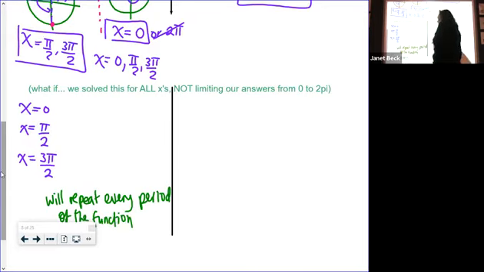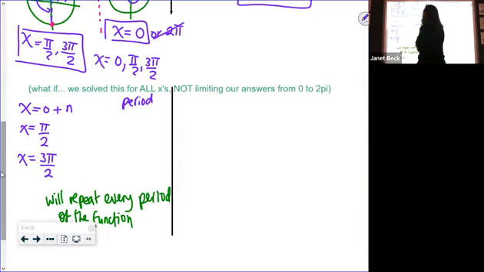So to each of those answers, I have to add on a multiple of the period. The period for a cosine is 2 pi, so we add 2 pi n, where this value n is just an integer.